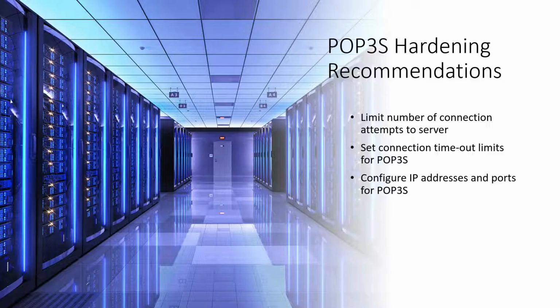You can select all available IPv4 addresses, all available IPv6 addresses, or you can specify an IP address, and then under port, enter a port number, or you can accept the default port and you click save for that.